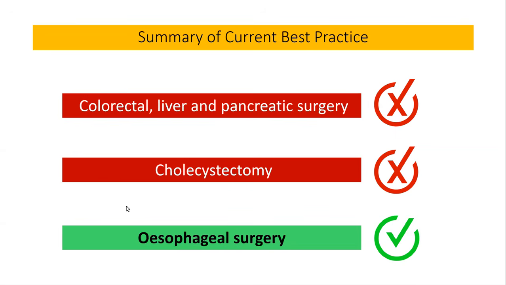After lap chole or open cholecystectomy, the evidence does not support the use of a drain. The only area of the GIT where you can use a drain is esophageal, and again, this is evidence level 5 and based on expert opinion, so it is also not recommended.